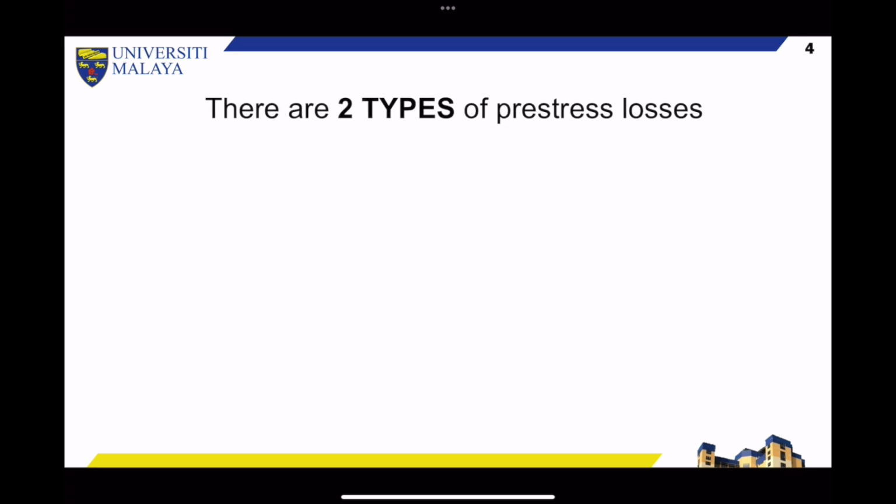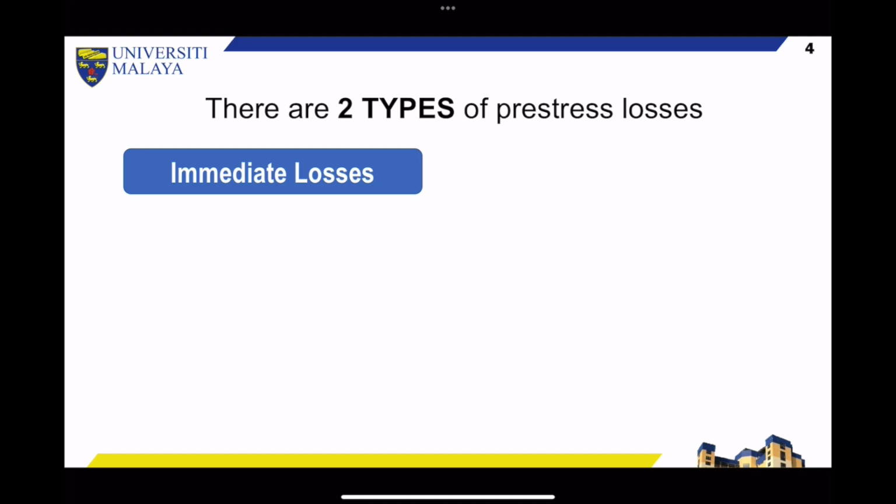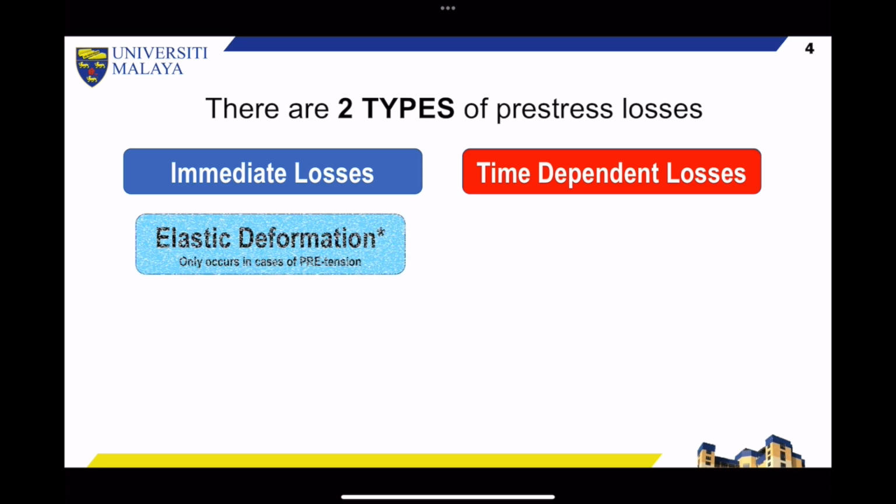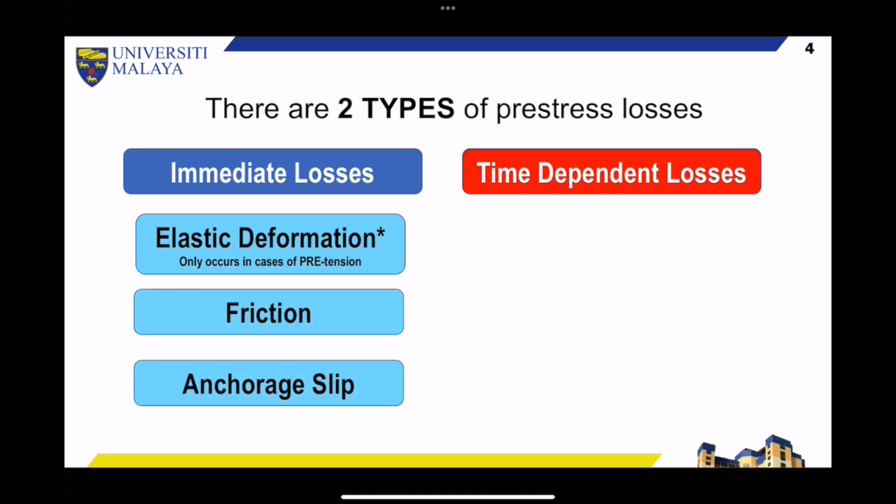There are 2 types of prestress losses in general. The first is immediate losses, also called short-term losses, while the other is called time-dependent losses, which you can guess is called long-term losses. Under immediate losses, we have elastic deformation, friction, and anchorage slip.